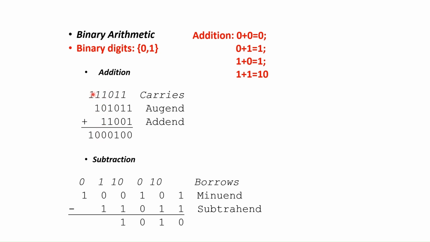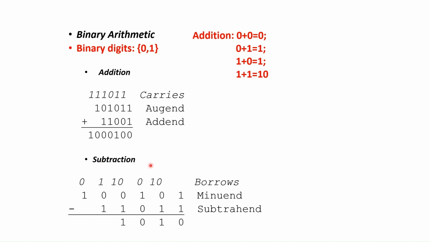Nothing is here, so it comes here. So even though the augend has only 6 digits, the result has 7 digits. So when we are adding numbers, the data word should be enough to keep the extra digit. There shouldn't be any overflow. Otherwise, the result will be wrong.